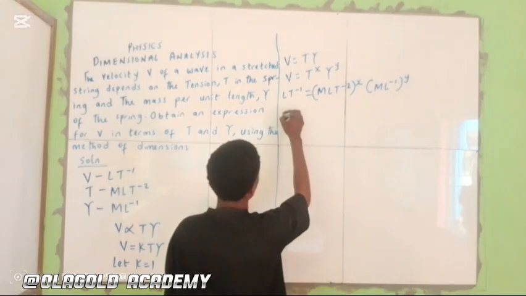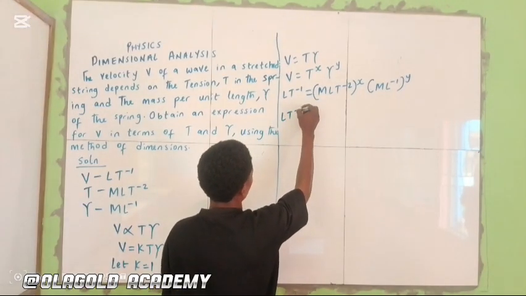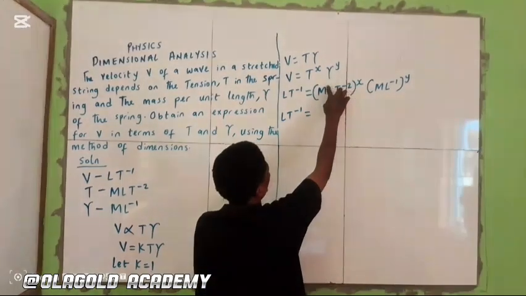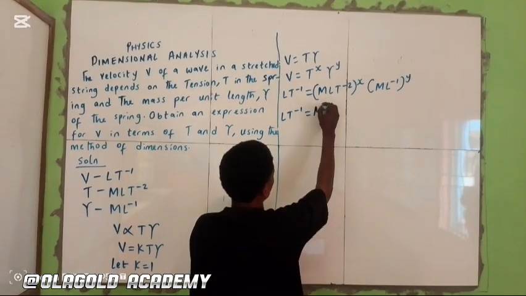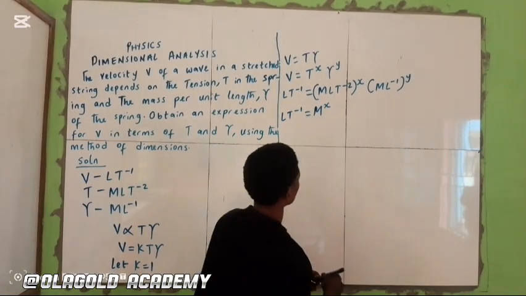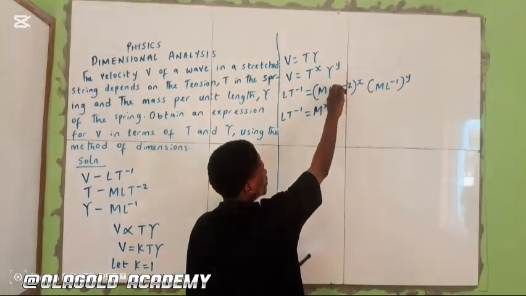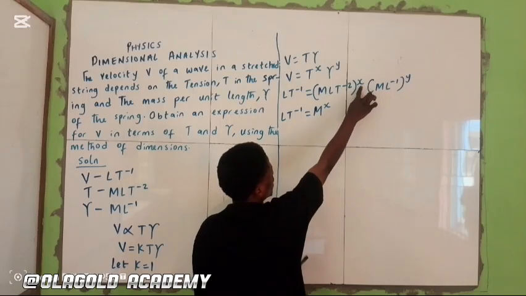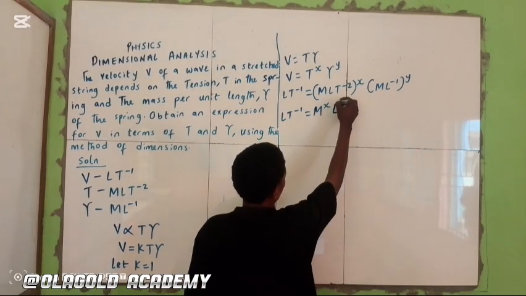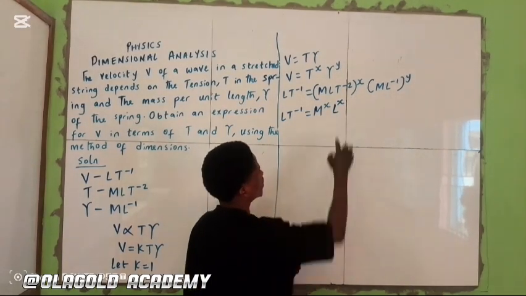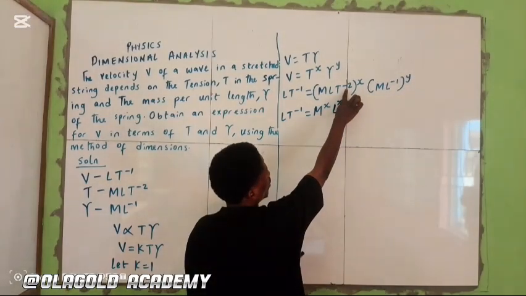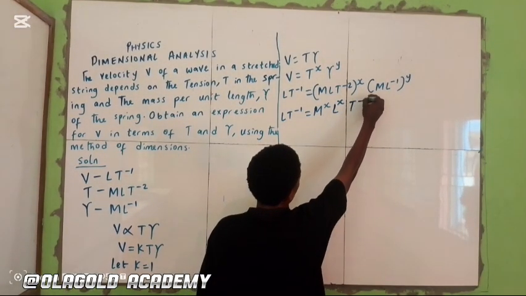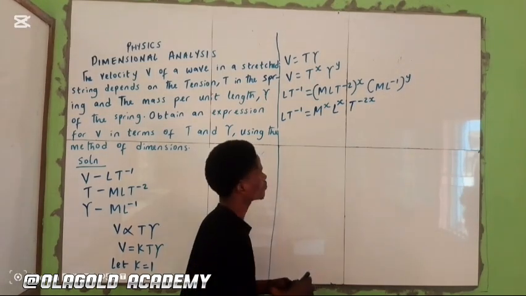So we're going to have LT raised to the power minus 1 equal to, x times 1 here gives us M raised to the power of x. L raised to the power 1 times x gives us L raised to the power of x. Minus 2 times x gives us T raised to the power minus 2x.